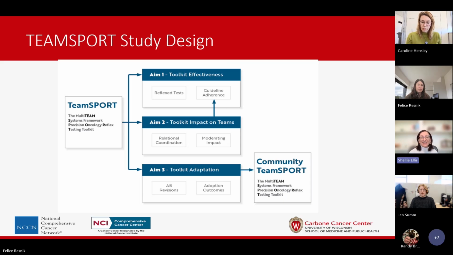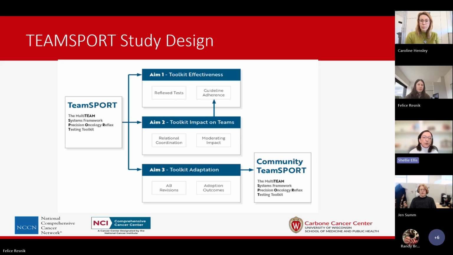So in AIM-1 we are testing the effectiveness of this toolkit that supports the change that we're asking teams to make and supports coordination and communication across different cancer teams. And we're then assessing the impact on those teams.